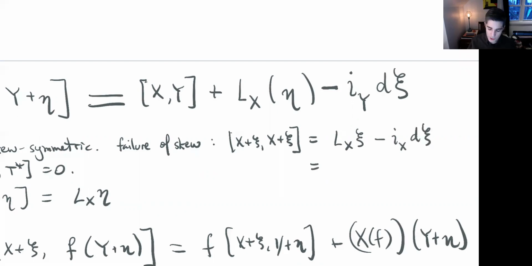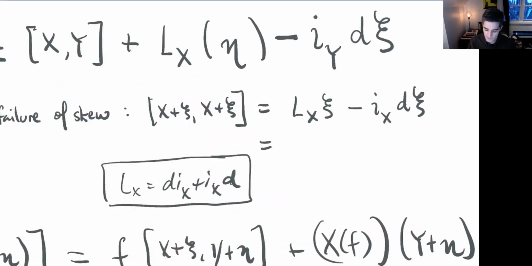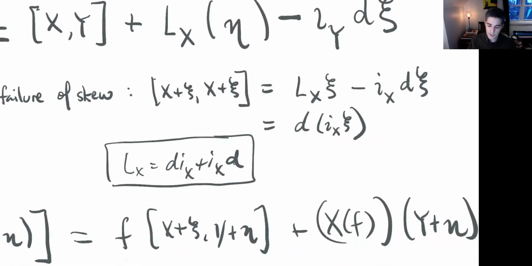If we write this out using the Cartan magic formula, remember that L_X is d i_X plus i_X d. A lot of people get through their PhD with just that formula. What you get here is d of i_X ξ, because you get a cross term that cancels out.